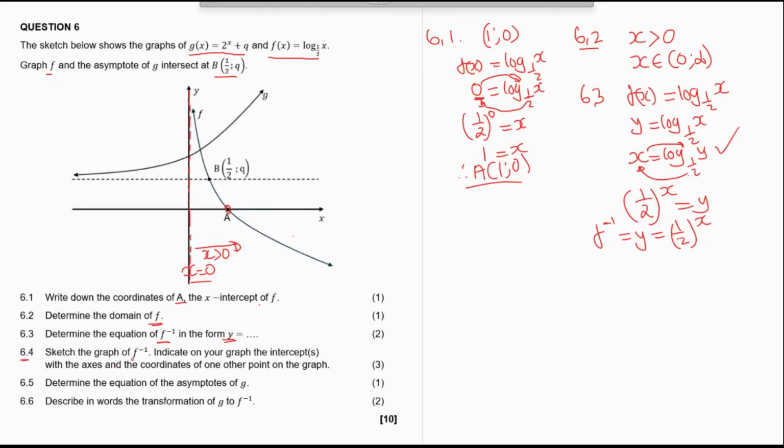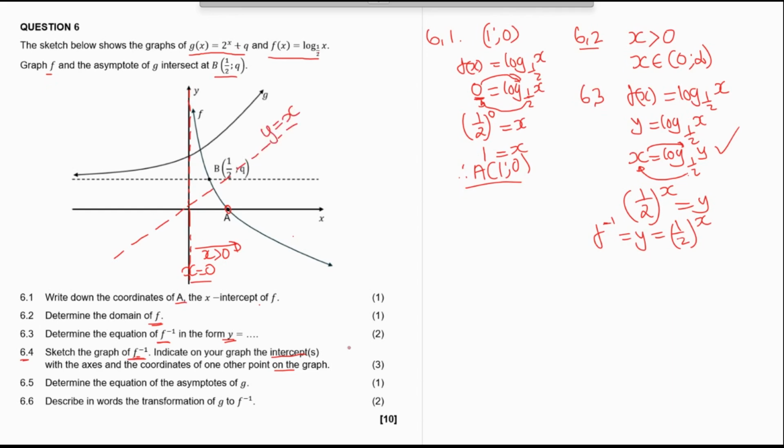6.4, sketch the graph of the inverse of f. Indicate on your graph the intercepts with the axes, and the coordinates of one other point on the graph, just any other point. We know that the inverse is going to be a reflection of f about the line y is equal to x. Draw that line, y is equal to x.